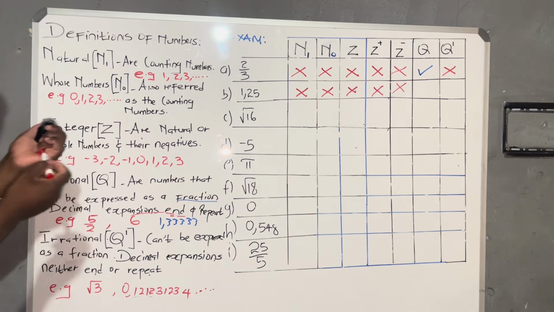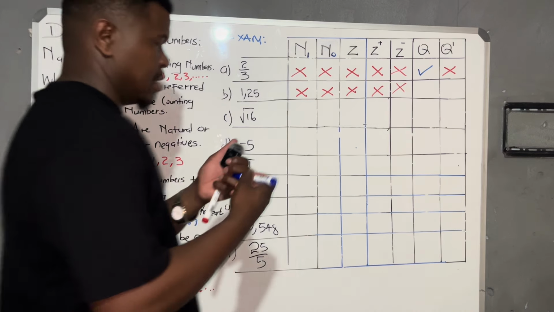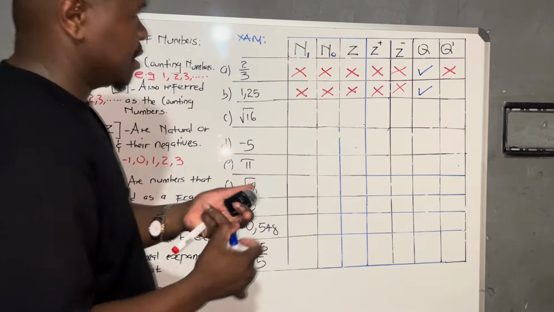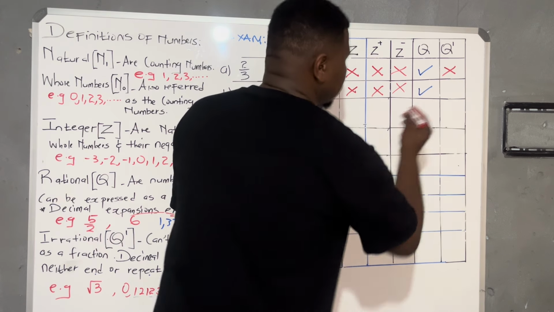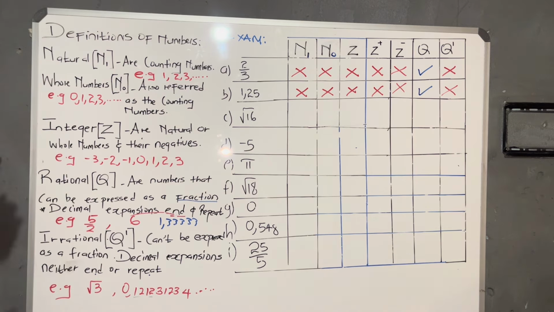So suitable enough to become what? Rational. So again, we consider this rational. And for now, we cannot consider it as both. If it is rational, it cannot be irrational. If it is irrational, it cannot be rational.